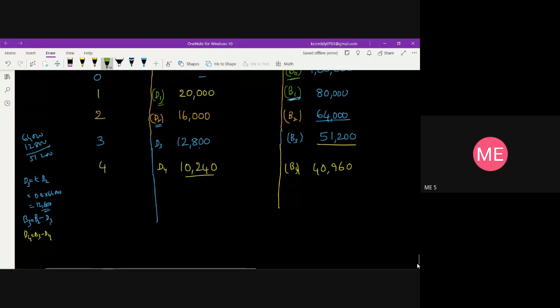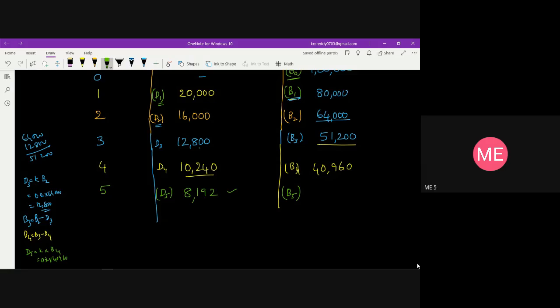Next, at the end of the fifth year, we need to calculate D5. D5 is equal to K into B4, where K is 0.2 and B4 is 40,960. So we get 8,192.